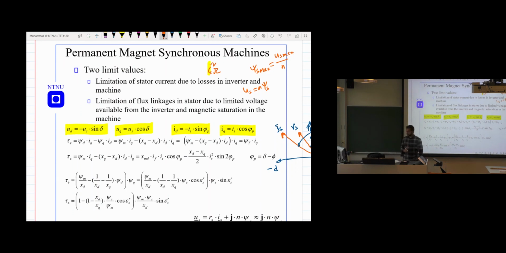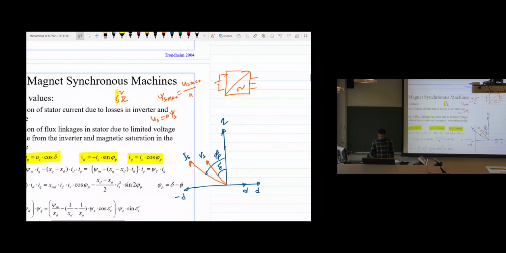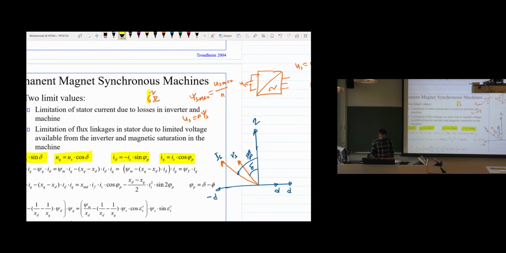So when you reach the limit, because you have the converter, and this converter provides limited voltage. And what will be the voltage here? This Us max is the modulation index multiplied with UDC, the DC side voltage. We have the UDC here. And this modulation index could be 1 or max 1.15. So we cannot have more than that. So we have limited stator voltage. This means we have limited stator flux.